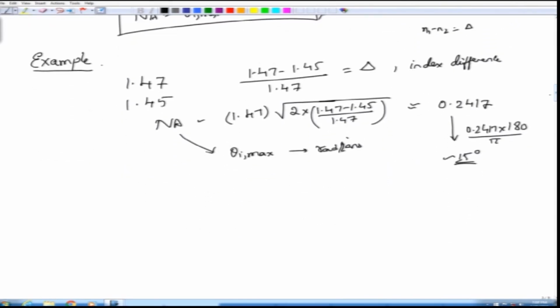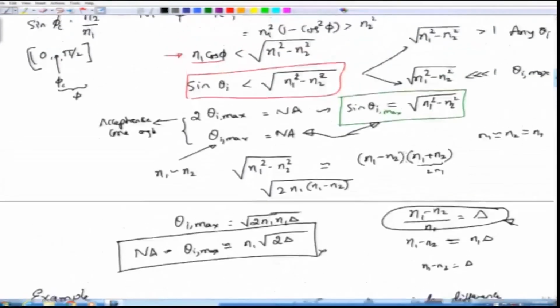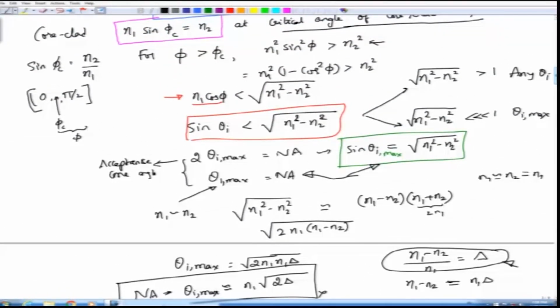So, we have obtained the maximum angle of incidence theta I max. We had defined the numerical aperture as theta I max.